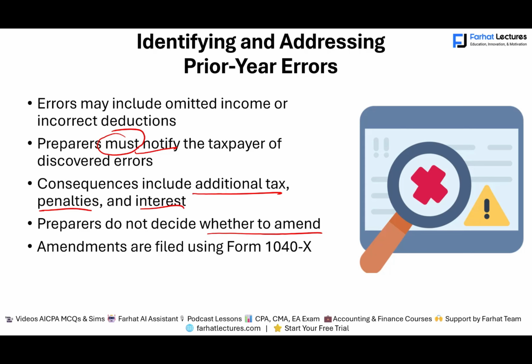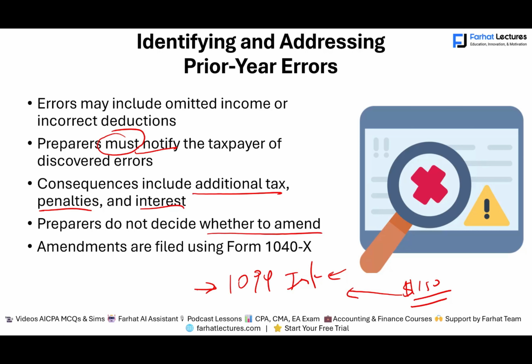So for example, you're reviewing the prior year return and you discover that they did not report some interest income reported on a 1099. Well, eventually the government will contact you because the bank would report this information. But for the sake of illustration, you would let them know, look, there's $150 of interest income you did not report. We just want to let you know this.